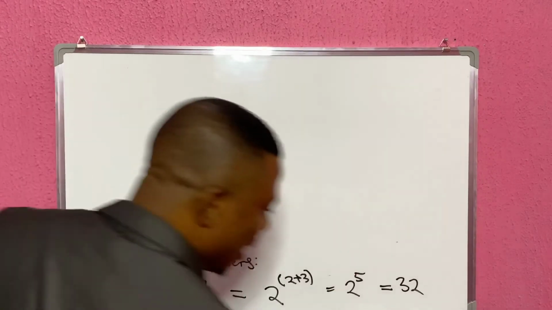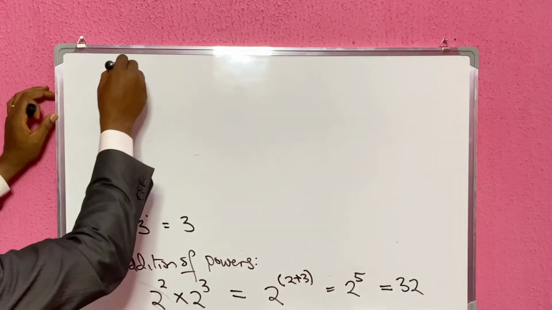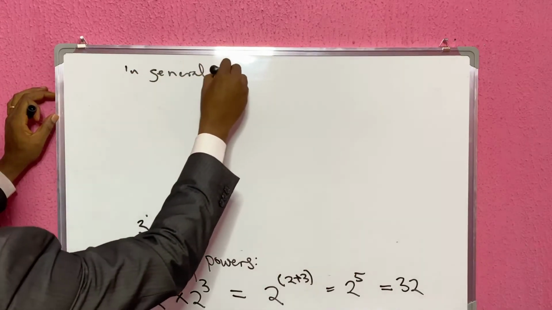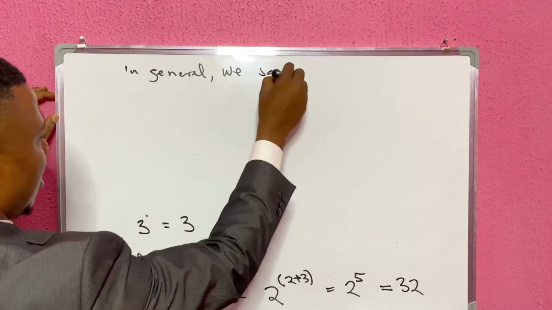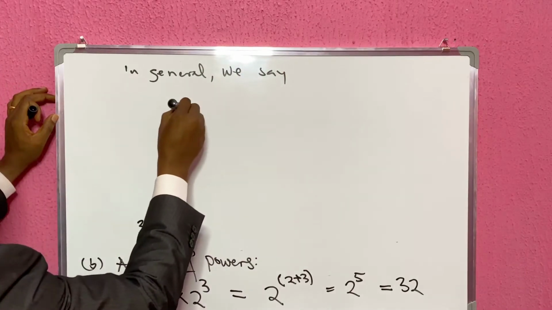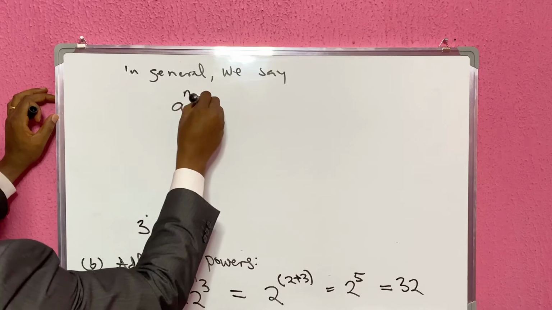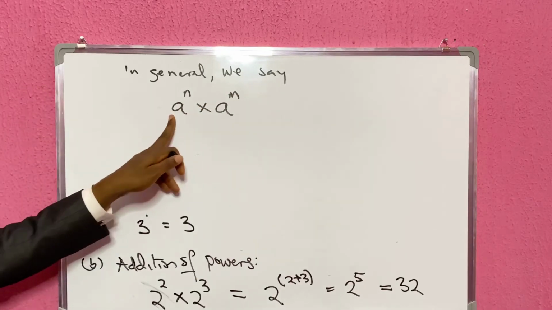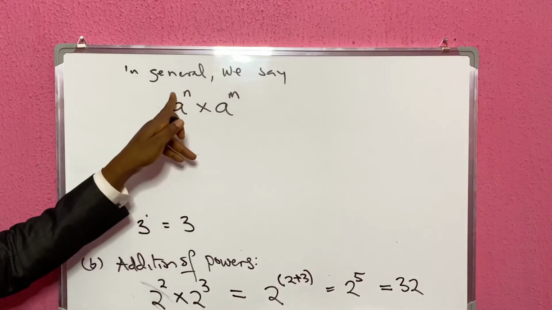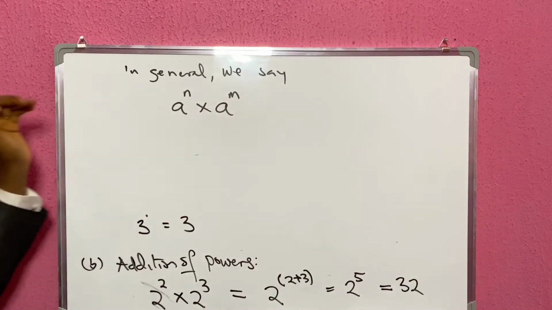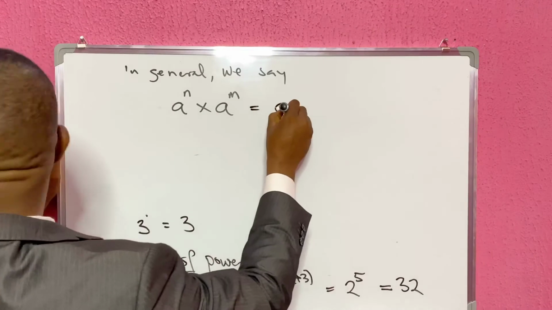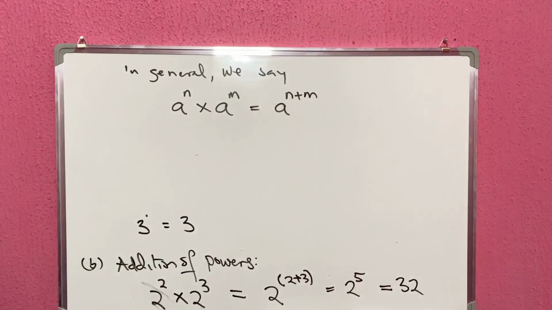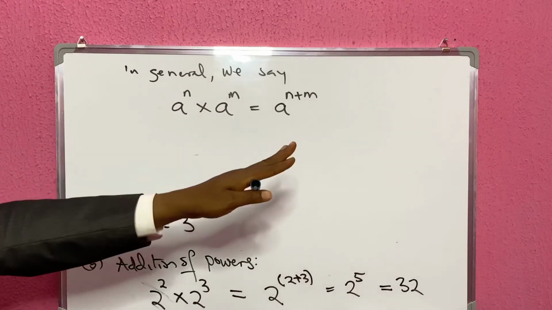So in general, a raised to the power n multiplied by a raised to the power m, that is a is the base, n and m are the powers, will give us a raised to the power n plus m in general.